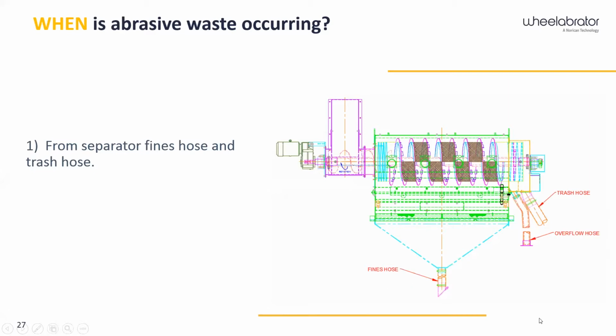If maintenance personnel ever come in and look over your system, that is definitely one of the first areas to walk up to and check. Check that trash tube and that fines tube to find out if there's any good usable media in either one, because if there is, that's waste. It's a lot of money just being thrown out, and we want to figure out why that is occurring.